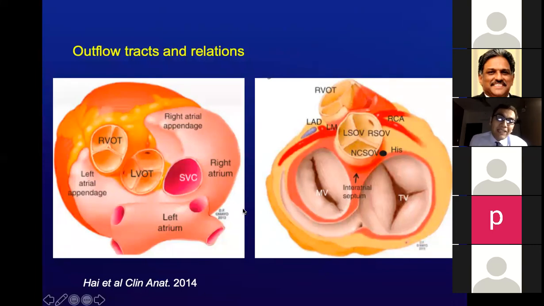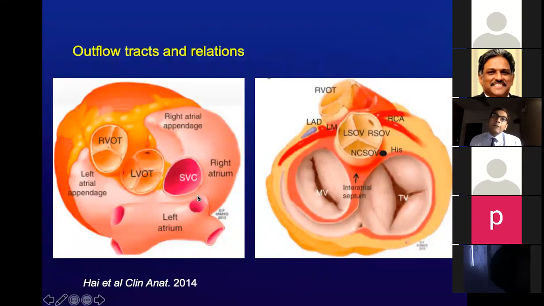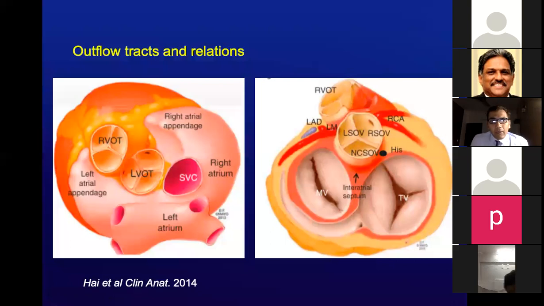So when anomalous pulmonary vein connection is there, you can see why it is so easy for a pulmonary vein to open into the SVC. If this barrier or this so-called septum doesn't form, the pulmonary vein is opening into the SVC. So it's not a very difficult anatomical thing to wonder about. It's just that this septum failed to develop.